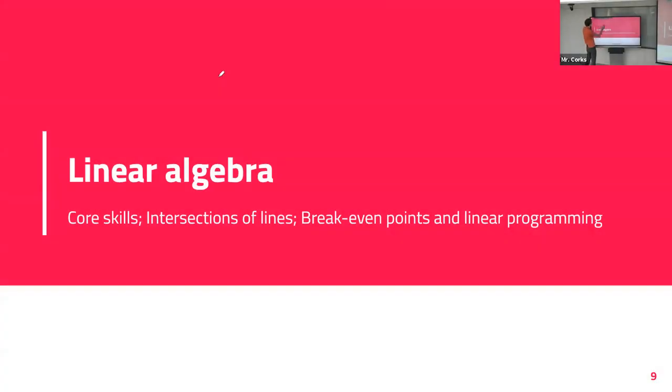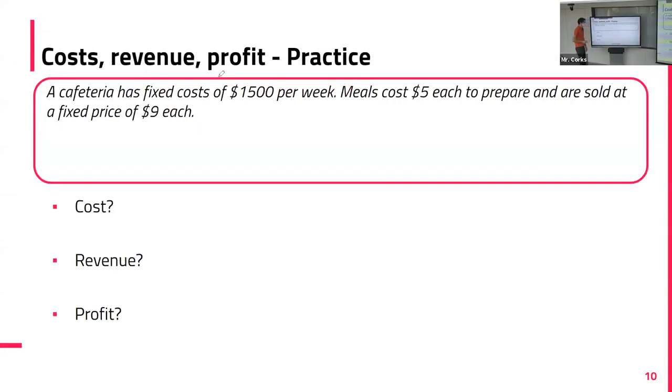All right, so let's get back to our stuff for today. We did a cost, revenue, profit example in our previous class, so let's do another one of those to get more practice with this, and then we'll come back to this example at the end of today. So cafeteria fixed costs are this. Here's the cost to prepare meals. Here's their sales price.